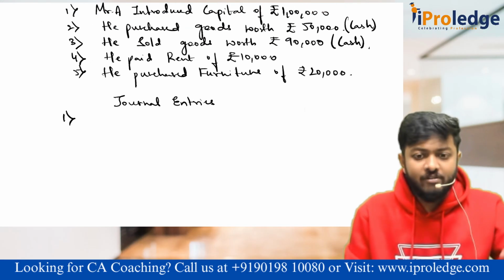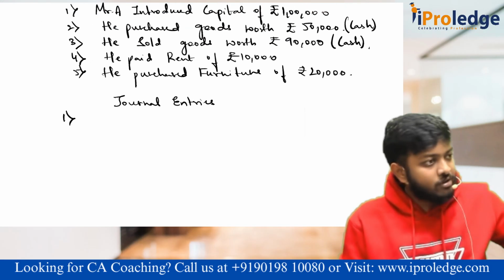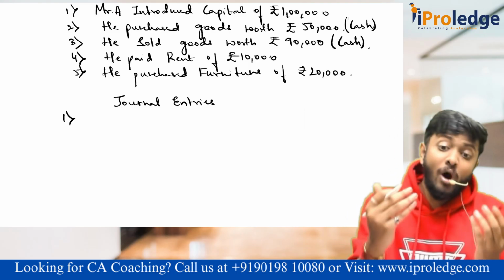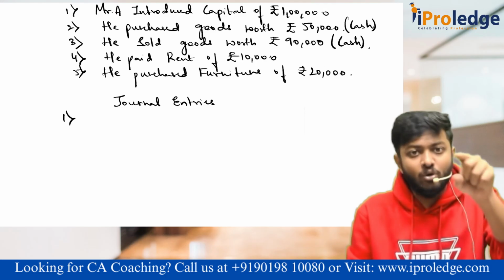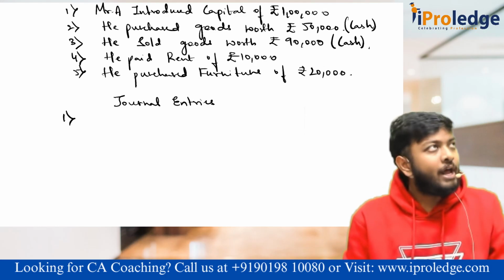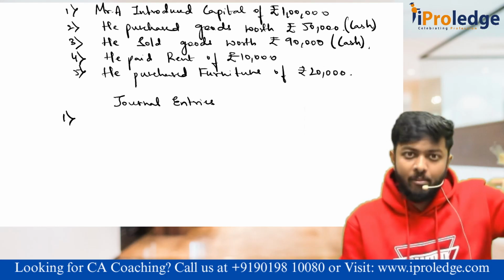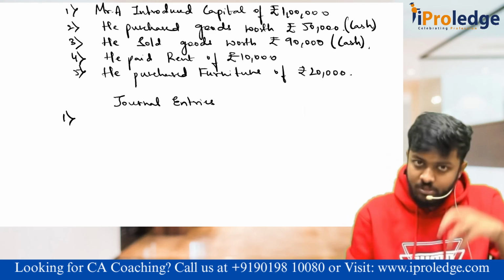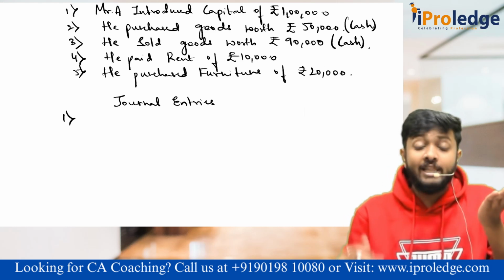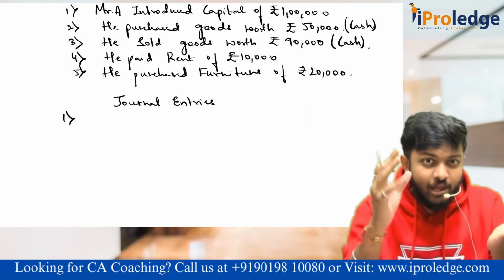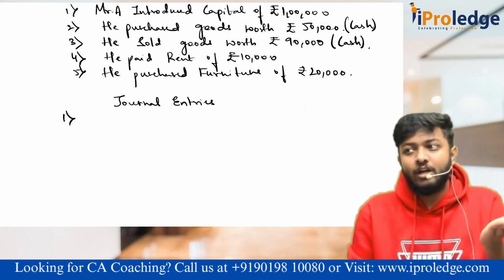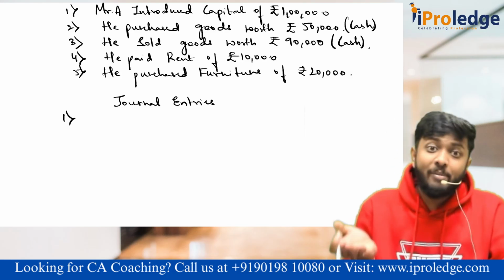Whenever the owner introduces capital to the business, while you are drafting journal entries, your point of view should be the business. That means you should assume that you are the business. Now, what happened to the business? The moment the owner introduced capital, money is coming to the business. So cash is increasing. Then my liability towards my owner, which is called capital, is also increasing.